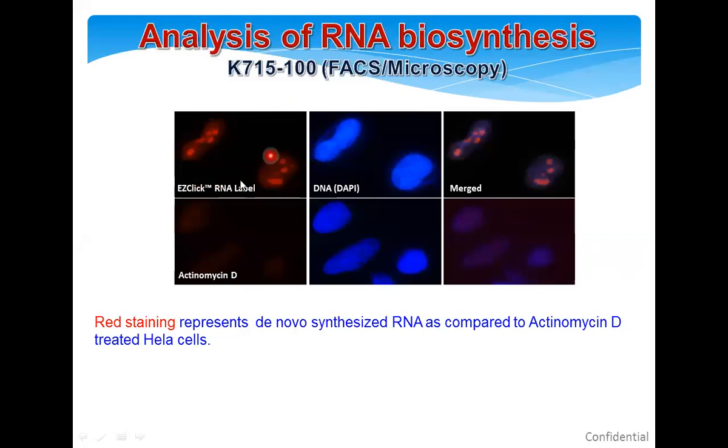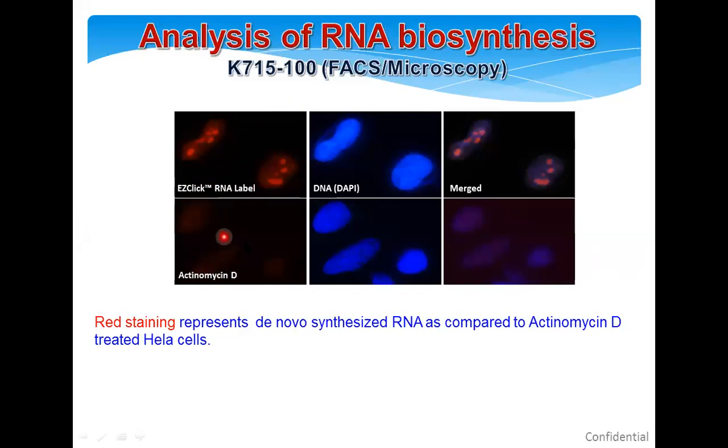Here you see the RNA label, but not in actinomycin D treated cells. Actinomycin D blocks transcription. It binds to the DNA and the transcription initiation complex and prevents the elongation of the RNA chain.